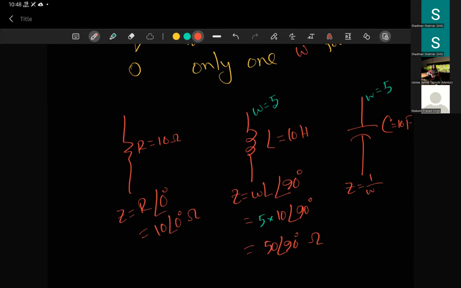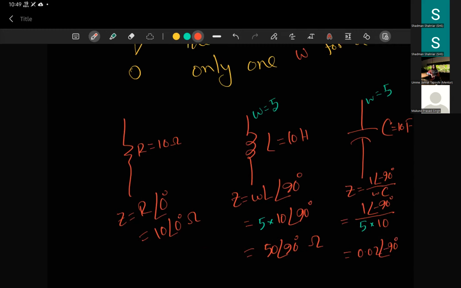So you can write the 1 angle minus 90 degree like this as well, divided by omega C. So 1 angle minus 90 degree divided by omega is 5, and your C is 10. That means 1 by 50, which is 0.02, right? Minus angle 90 degree. So this is how you convert complex.